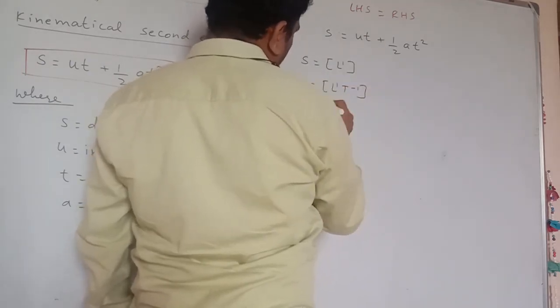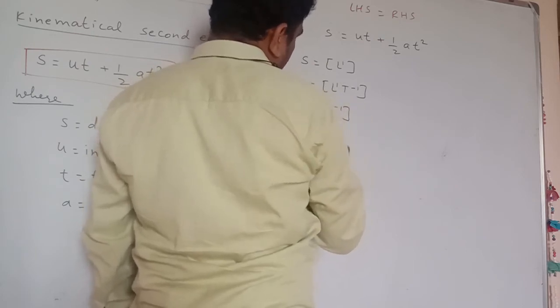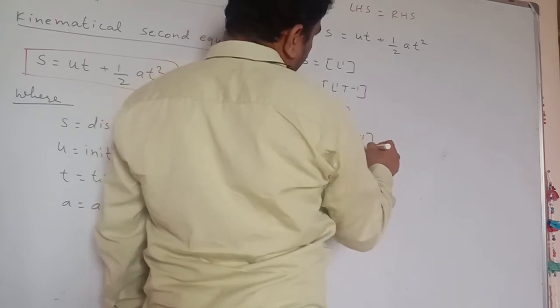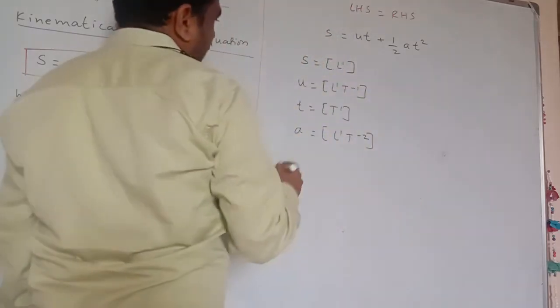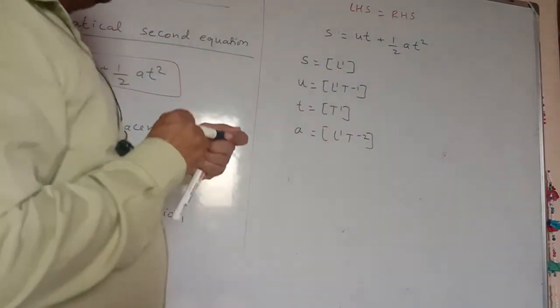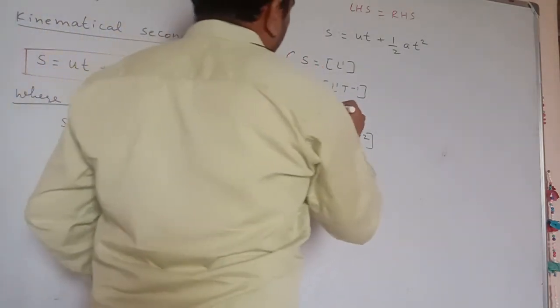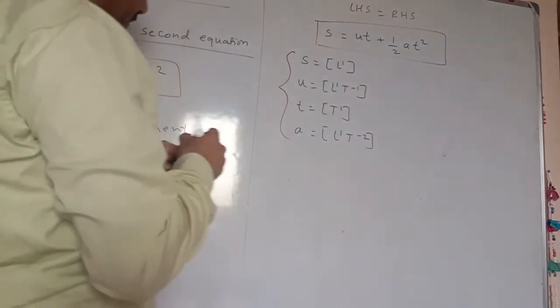U is the initial velocity, whose dimension is L1 T minus 1. Then small t is for time, T1. Acceleration is L1 T minus 2. You have to put all these given dimensions in this equation.